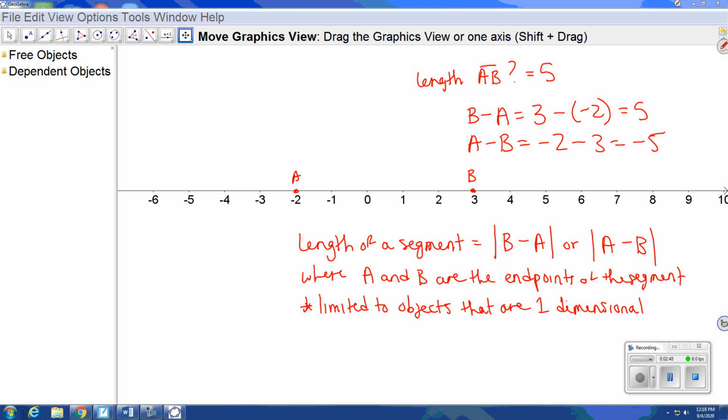Now, if we're working along a horizontal line or a vertical line, we'll actually be fortunate enough to still utilize this. But once we get to a 2D plane and look at how to calculate distances, we'll see where our definition is going to differ a little bit. So this is a formula for distance between 2 points when we're on a one-dimensional object.